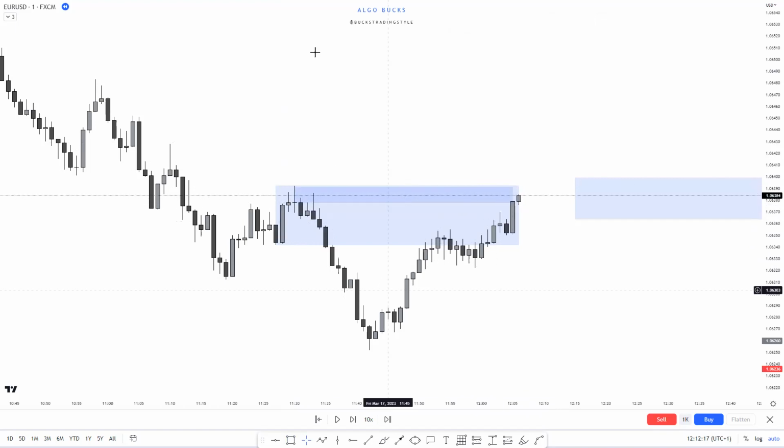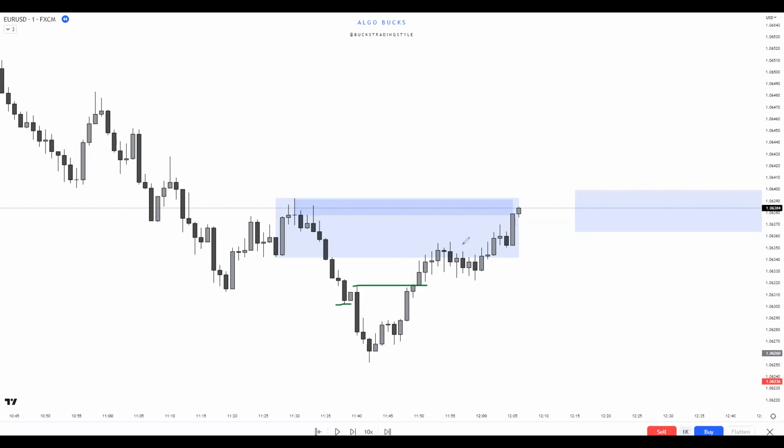Then if this was the M1 MSU, fake POI inducement, we're looking to sell. So this was mitigation of the supply. Then you say you took a sell from somewhere around here and ended up with a loss, right?